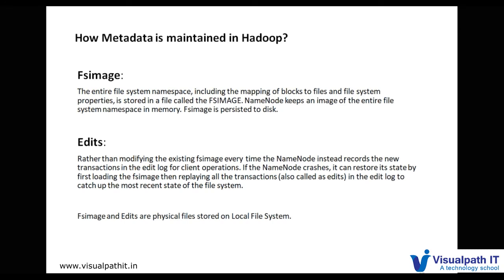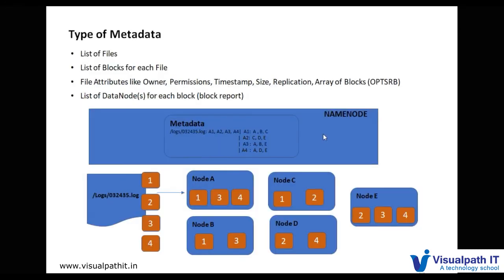Okay, let us see the types of metadata. What are the types of metadata? The list of files, the list of blocks for each file, file attributes like the owner of the file, permission of the file, timestamp, size, replication, array of blocks, and also the list of data nodes for each block report.